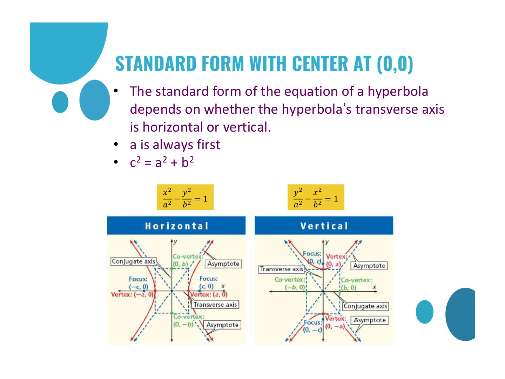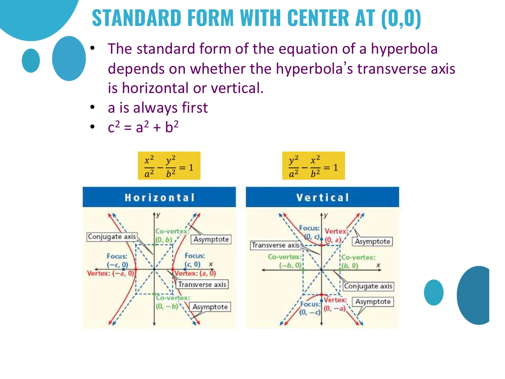So we have a standard form of our hyperbola with a center at 0, 0. The standard form of the equation of our hyperbola depends on whether the hyperbola's transverse axis is horizontal or vertical. Here, one difference between hyperbolas and ellipses that we did in the last section is A is always first.